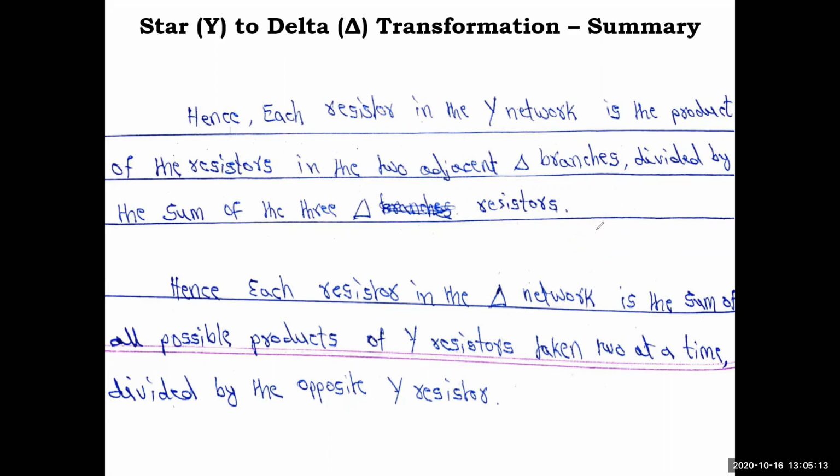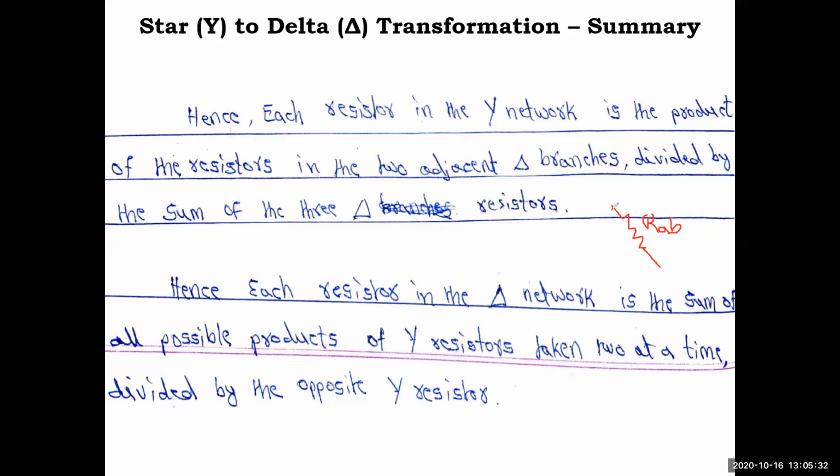Similarly, for the other derivation we have done: each resistor in the delta network. For example, I will consider this branch RAB. Each resistor in the delta network is the sum of all possible products of Y resistors taken two at a time.